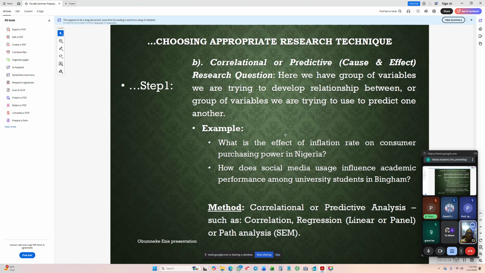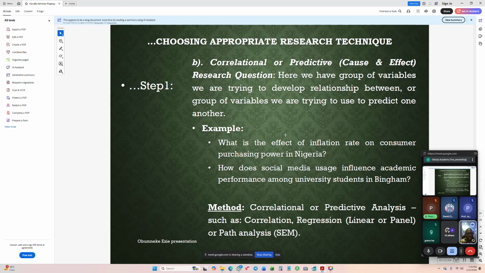Now, the second kind of research question has to do with correlational or predictive cause and effect research questions. Here we have groups of variables we are trying to develop a relationship between, or use to predict one another. An example of a correlational or predictive research question is this: What is the effect of inflation rates on consumer purchasing power in Nigeria?